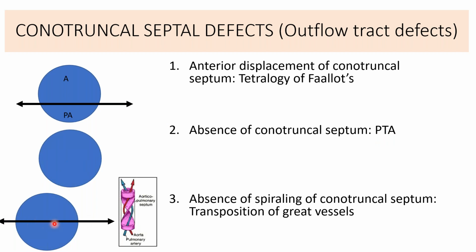The third condition, when the positioning is central, the conotruncal septum has formed, but there is absence of the spiraling of the conotruncal septum. This is the condition called transposition of great vessels. So this shows the summary of all the conotruncal septal defects. And the most common, the tetralogy of Fallot, you should learn by heart.